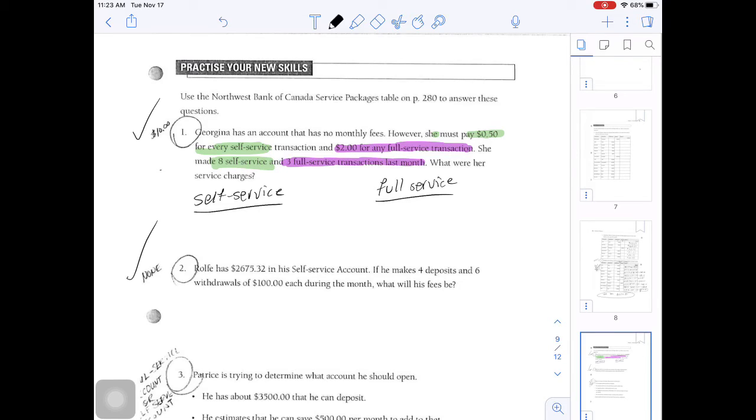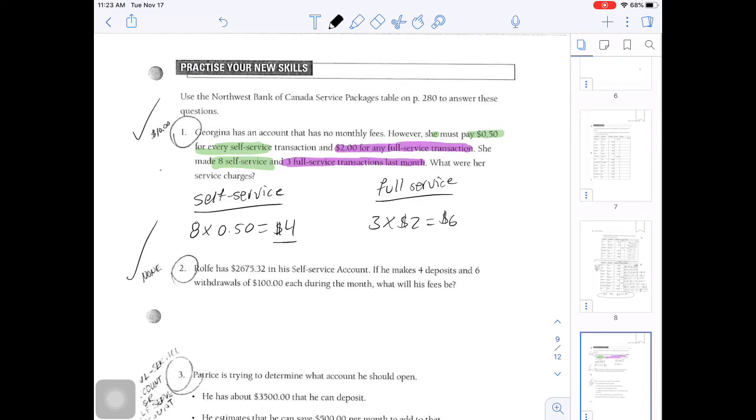So what can we do here? Well, every single self-service transaction costs 50 cents and she did 8 of them. So that's going to cost her $4 in service charges. Every full service transaction costs $2 and she did 3 of them. So it'll be 3 times 2, which gives me $6.